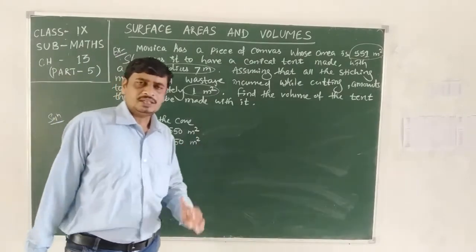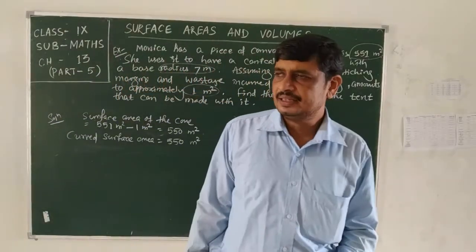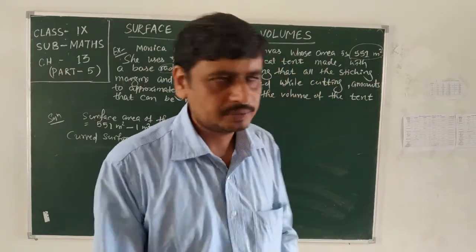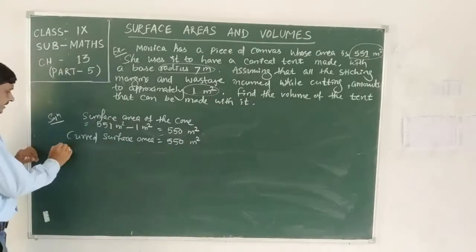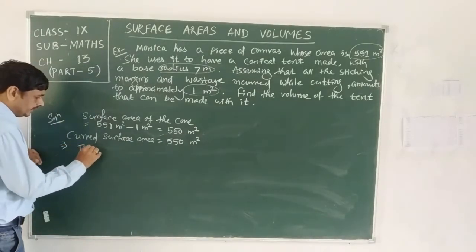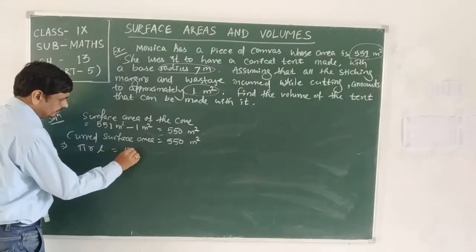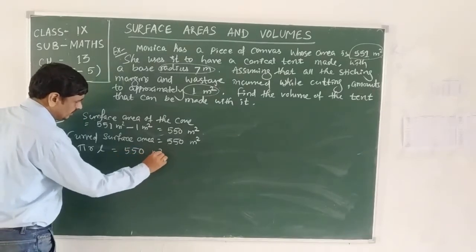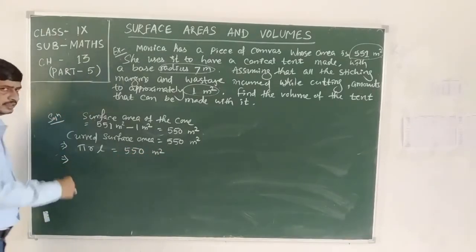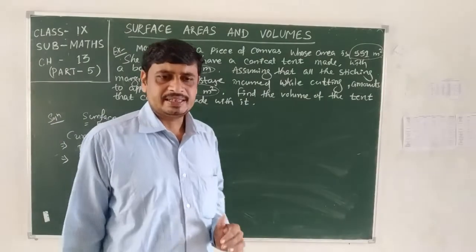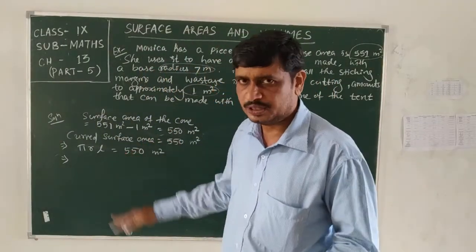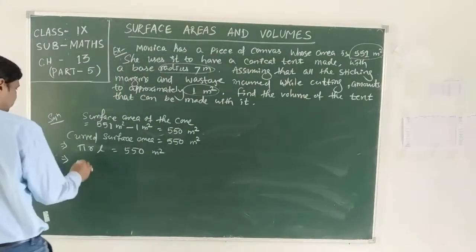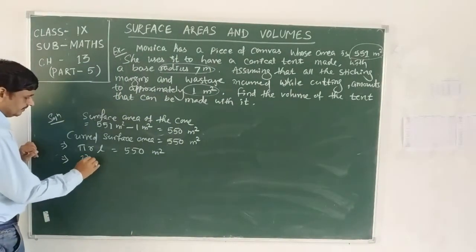For a cone, the curved surface area is obtained by the formula pi r l. So the value of pi r l is 550 meters square. The value of pi is not mentioned in the question, so we can take pi as 22 by 7.